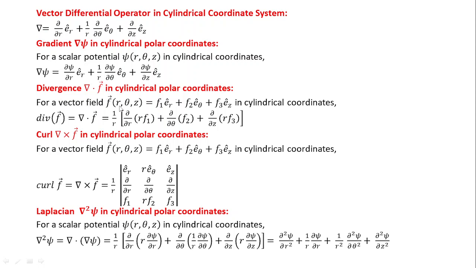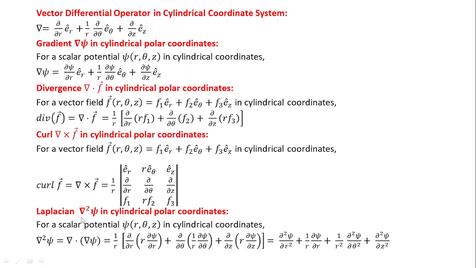If vector f is a vector field f1 Er plus f2 E theta plus f3 Ez, then divergence of f can be calculated by this, and curl of the vector point function f can be calculated by this formula.